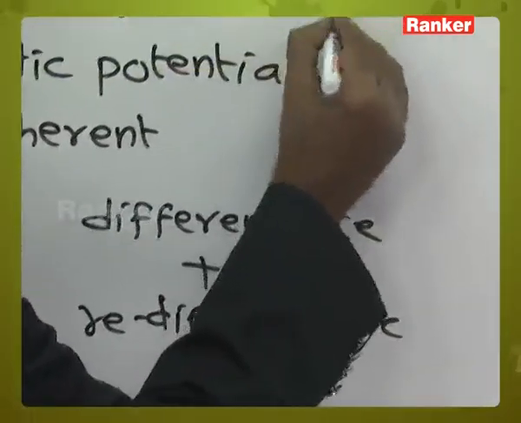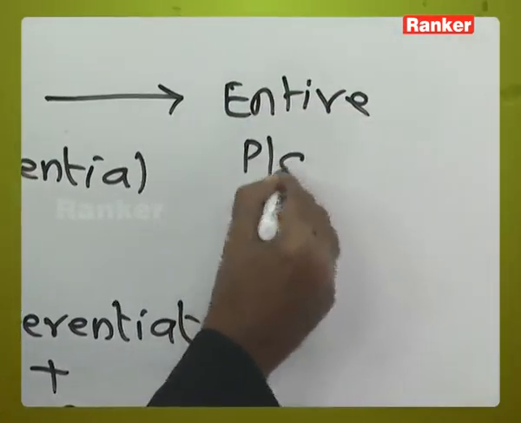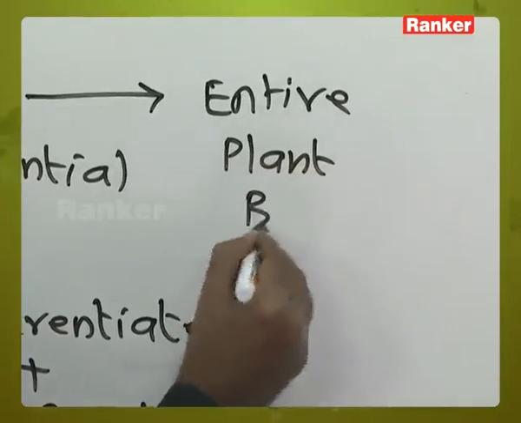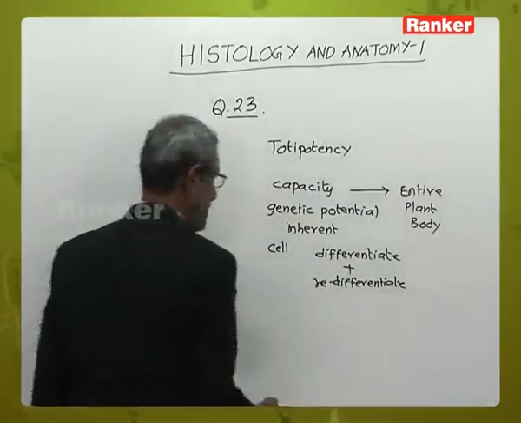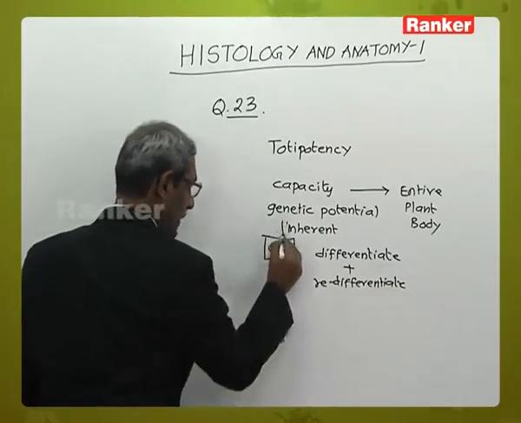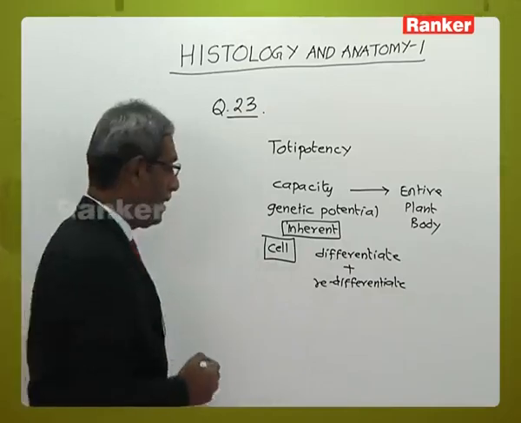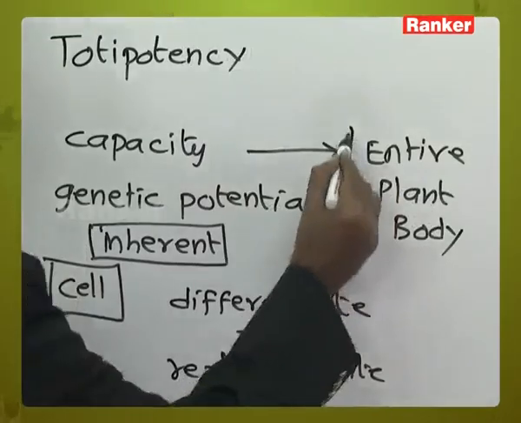To form the entire plant body. That is, a single cell has the inherent, that is inherited, capacity to form the entire plant body.